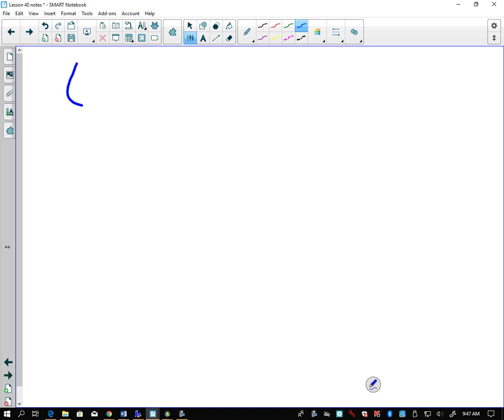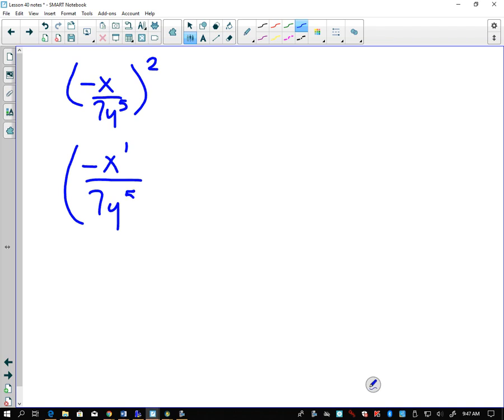Okay, so parentheses, negative x over 7y to the fifth, squared. Let's see. So this is negative x to the first over 7y to the fifth squared. So nothing really all that much different happens here. This is still negative x, except 1 times 2 is 2.